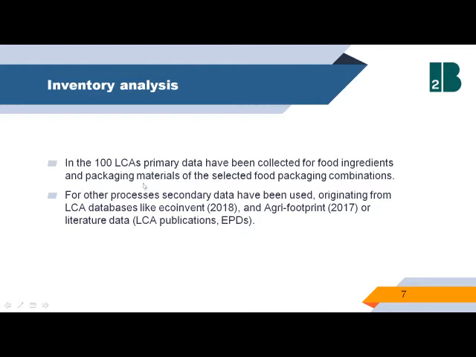So here we use the primary data, and we also use secondary data for the other processes. And here we use data from the LCA database Ecoinvent. We use Agri-footprint as a database, but also we had to use other literature data like LCA publications or environmental product declarations.